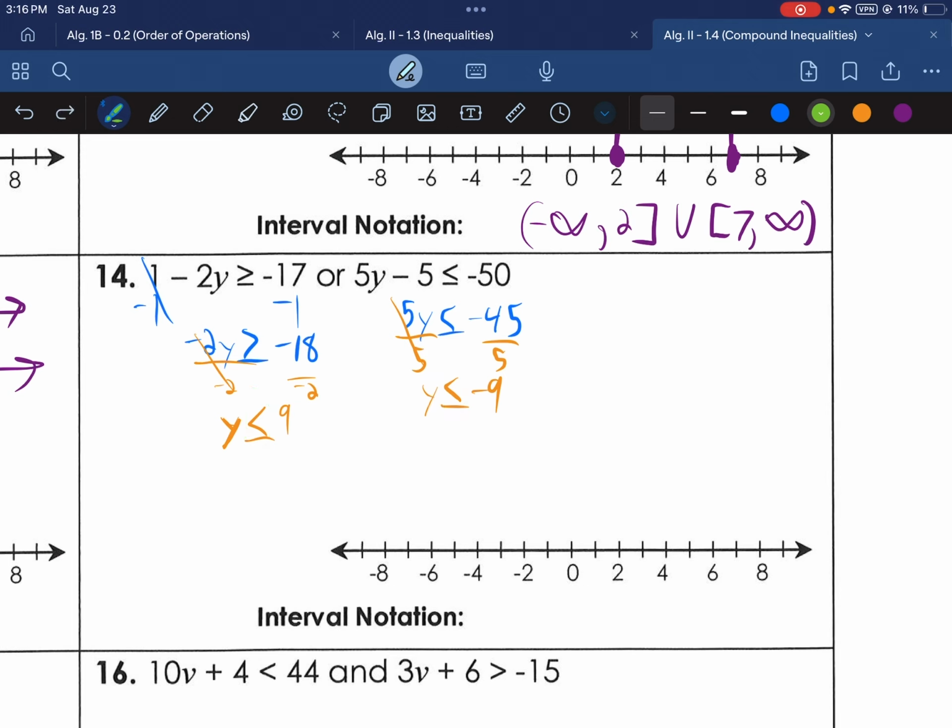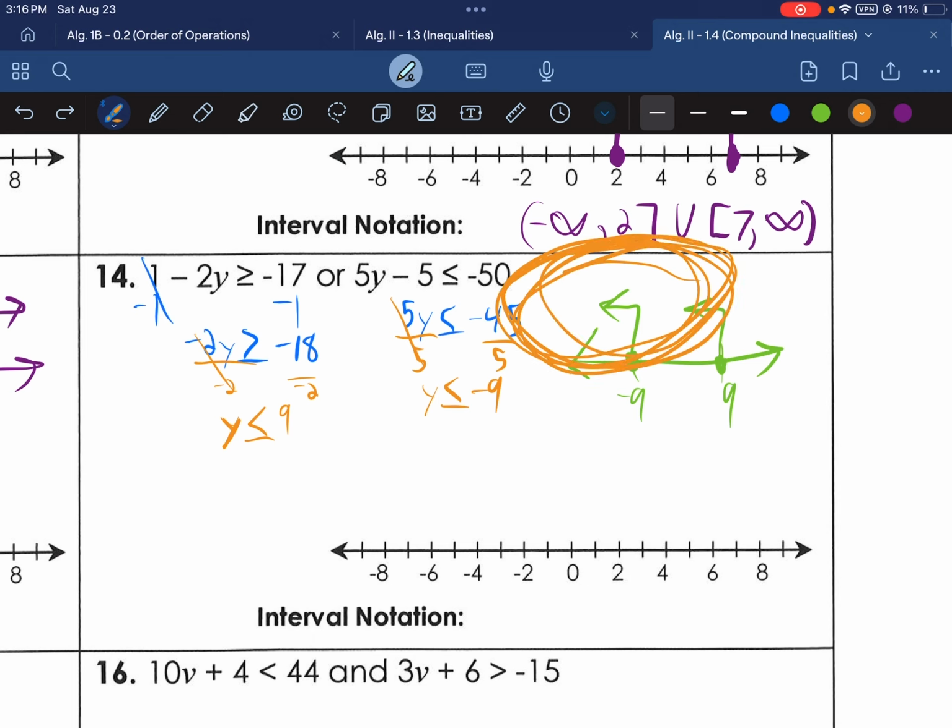Alarm bells are going off in my head that we're only going to pick one or the other, so let's figure out which one we're going to pick. Negative 9 on the left, 9 on the right, both closed circles, and both arrows go to the left. Now, we said for "and," we want where they overlap. However, for "or," we want whichever one covers more area. So this one only covers a little bit, whereas y less than or equal to 9 covers all of this.